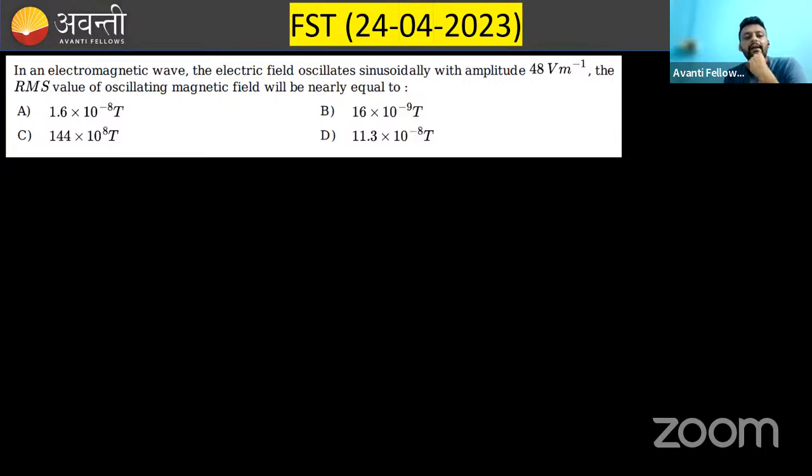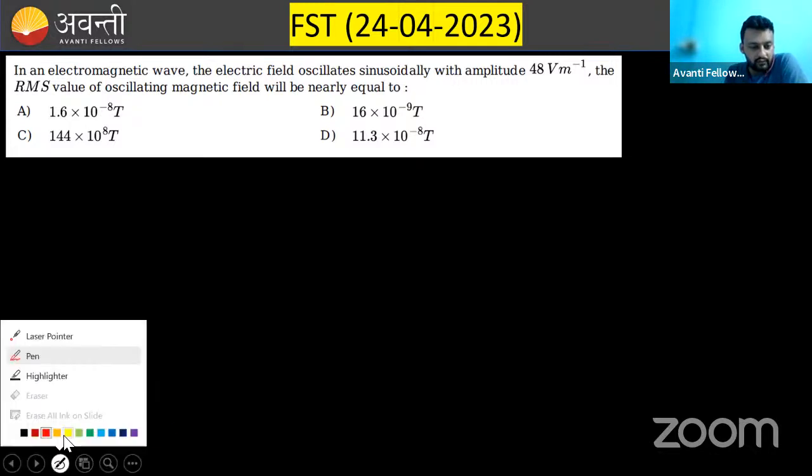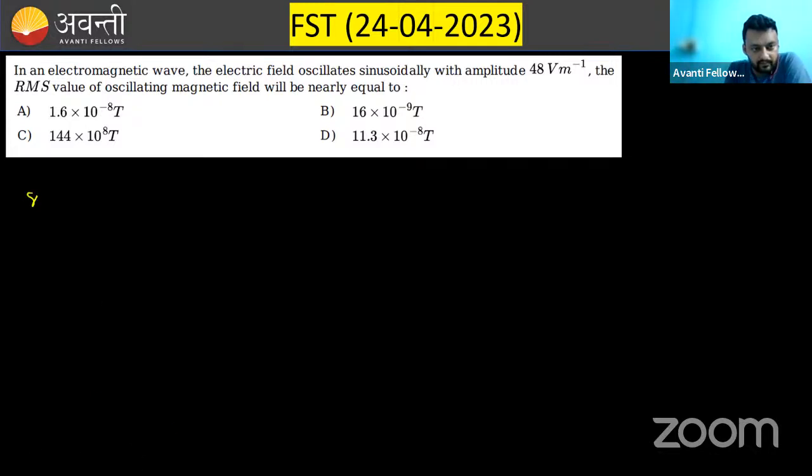Another question. In an electromagnetic wave, the electric field oscillates with amplitude 48 volt per meter. That means the maximum value of the electric field is 48 volt per meter. The RMS value of the oscillating magnetic field will be, that means they are asking the RMS value of the magnetic field.